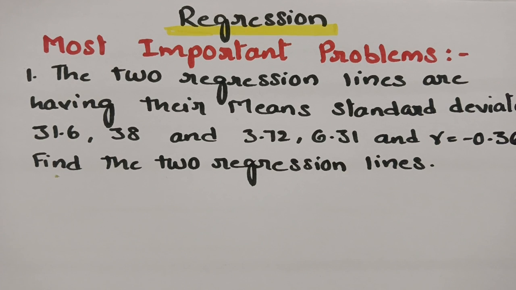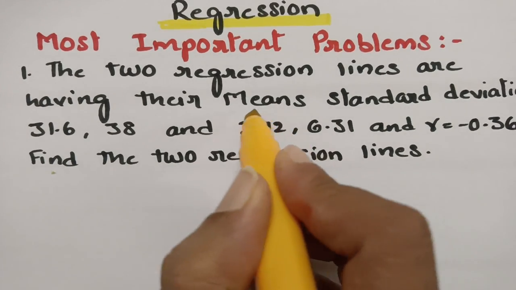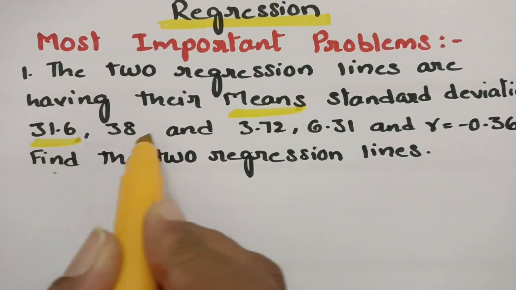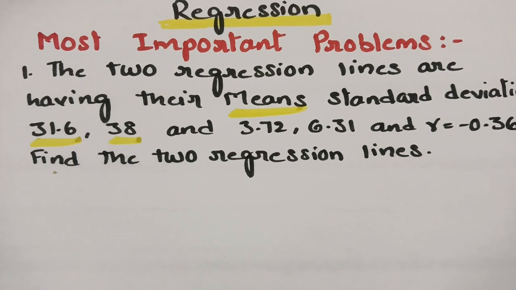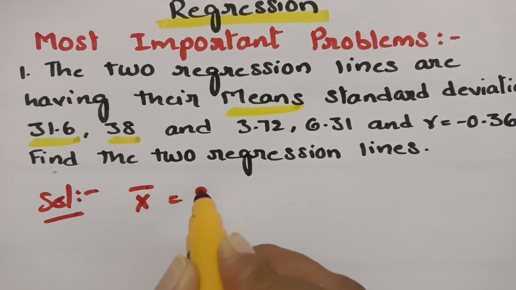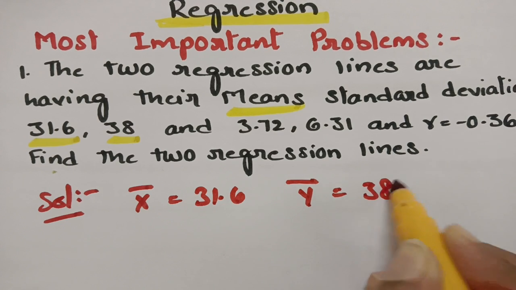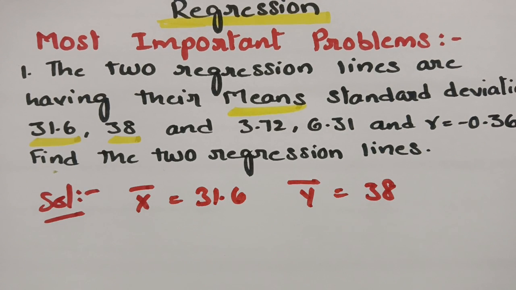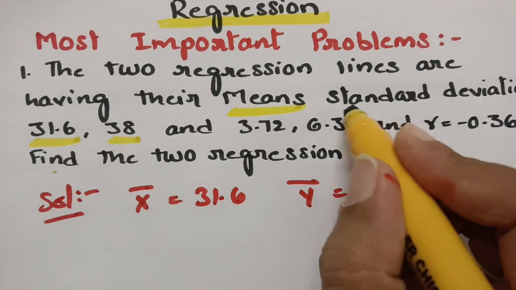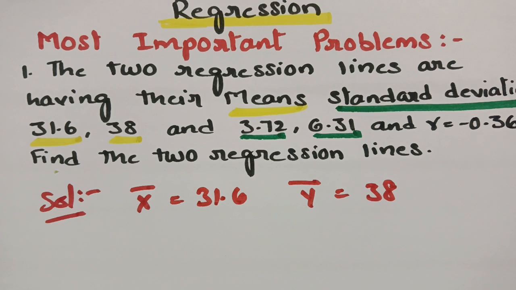As I have shown you, this is most important here. The two regression lines have the means 31.6 and 38. So from the question, the mean x bar is given as 31.6 and y bar is given as 38.